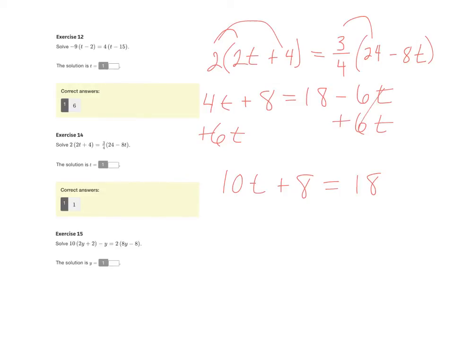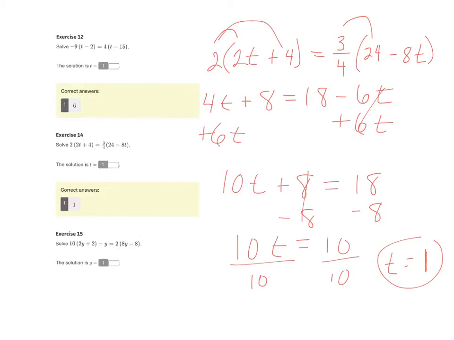Now I'm going to get rid of that plus 8. I'm going to minus 8 from both sides. That gives me 10t is equal to 18 minus 8, which is 10. Instead of multiplying by 10, I'm going to divide by 10 on both sides. t is equal to positive 1.